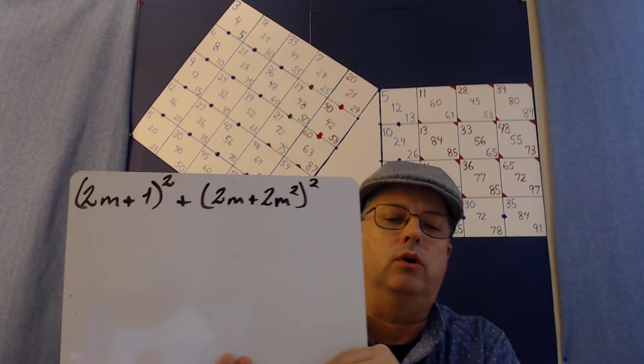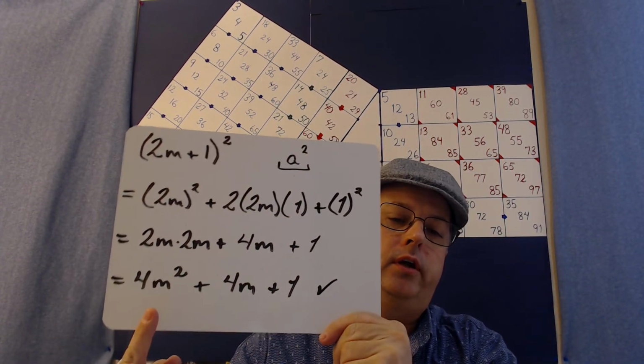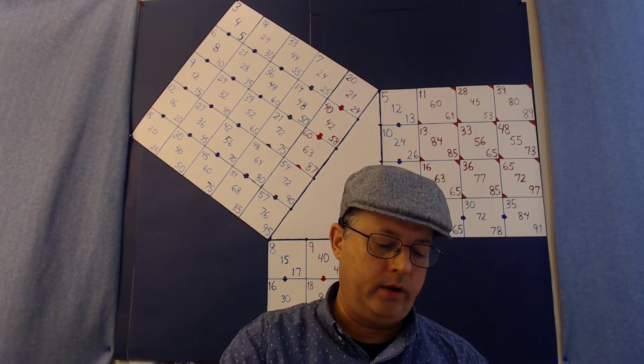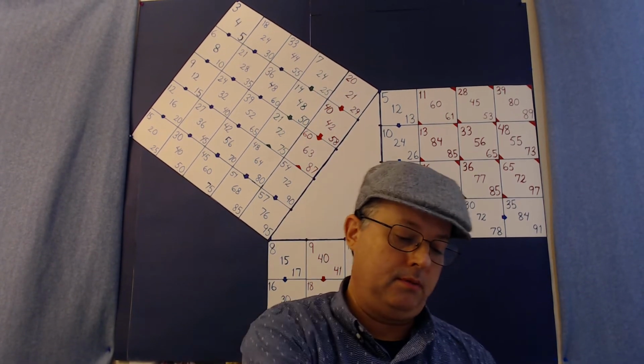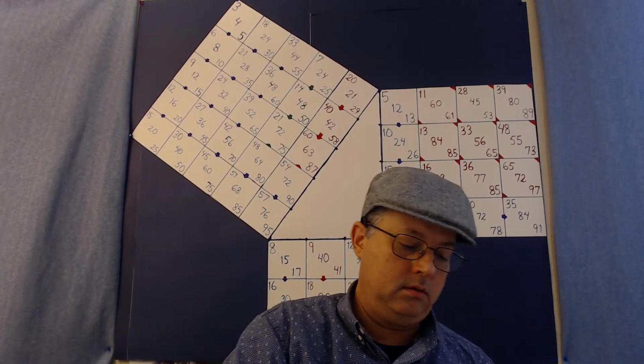So that's the a squared plus the b squared. And now when we did the 2m plus 1 squared, we got this expression here, 4m squared plus 4m plus 1. So let's write that down. Equals 4m squared plus 4m plus 1. And then I think I better write a little bit smaller here.